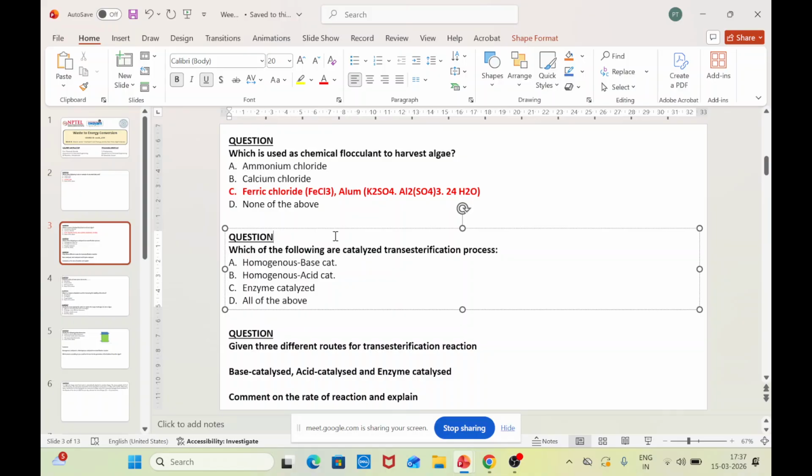And of course, please provide a few examples for each of the correct answers that you think. If the answer is homogeneous base catalyst, then you need to provide me examples of the same.